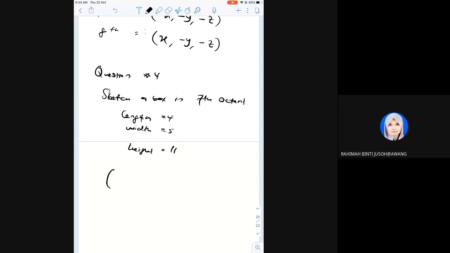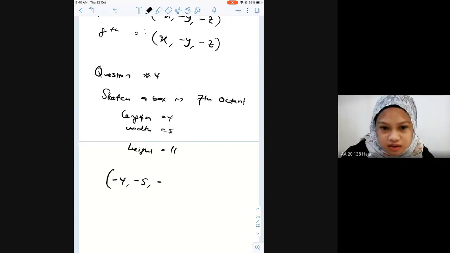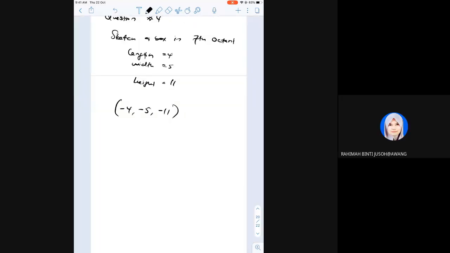Belakang kan, 5, 6, 7, 8. 8 kat depan, 7 belakang kan. So at the back, so negative 4. Okay, width dia, Y dia sebelah kanan ke kiri? Kiri. So negative 5. And then height, ketinggian dia? Bawah kan? So negative 11.